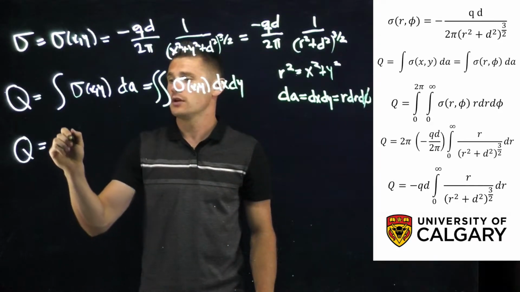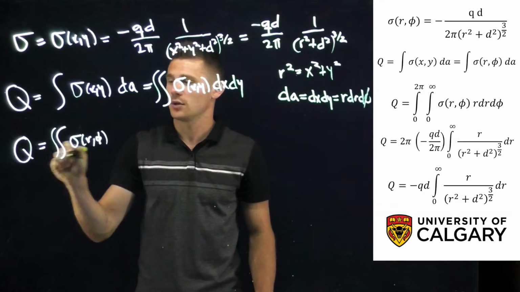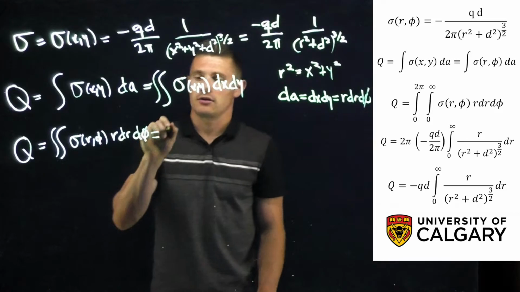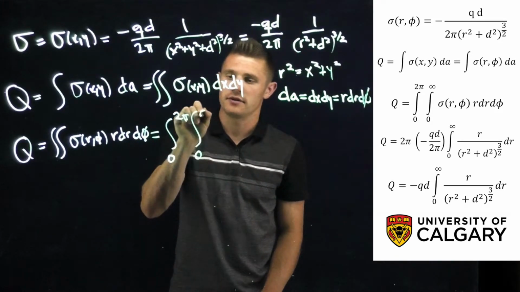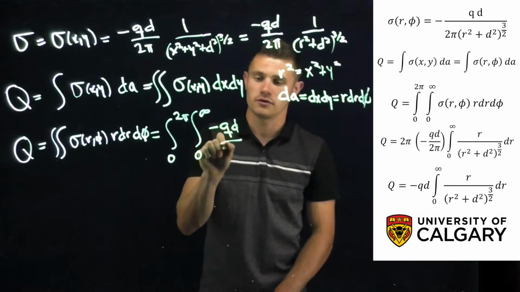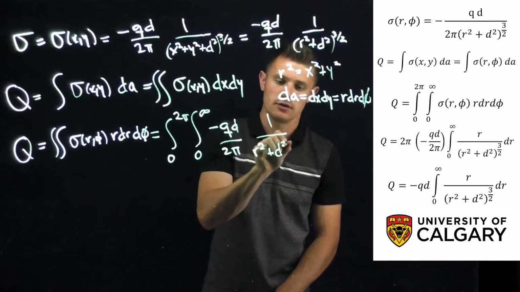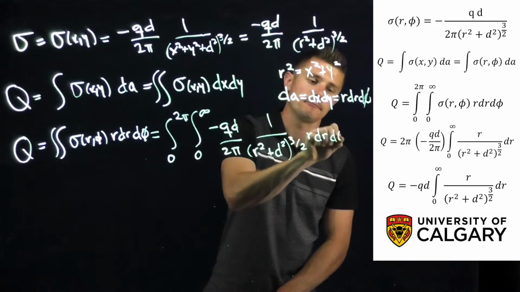So we write that q is equal to the double integral of sigma of r and phi, r dr d phi. Our limits of integration will be 0 to 2 pi and 0 to infinity, all space. We write our function in here: minus qd over 2 pi, 1 over r squared plus d squared to the power of 3/2, r dr d phi.